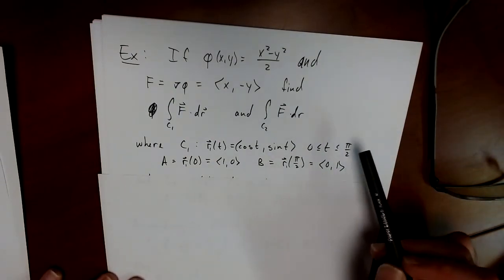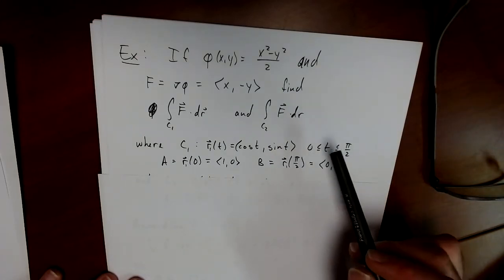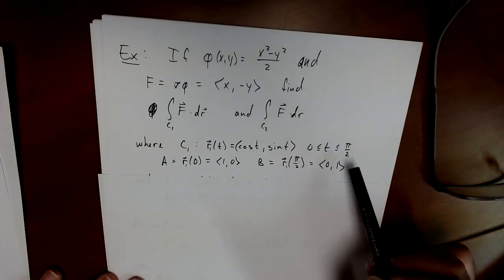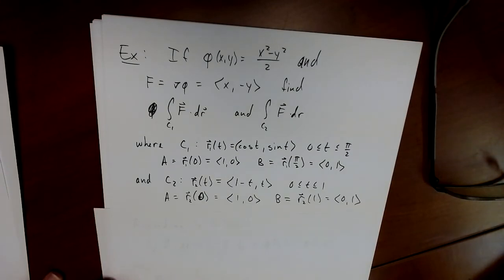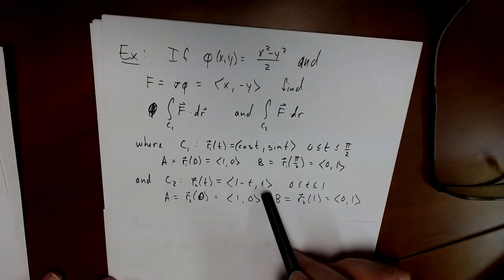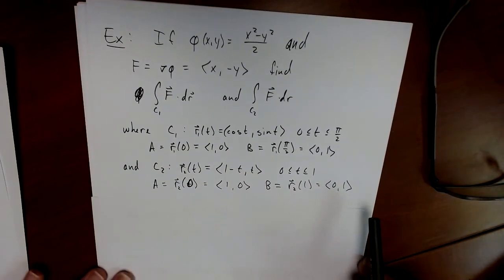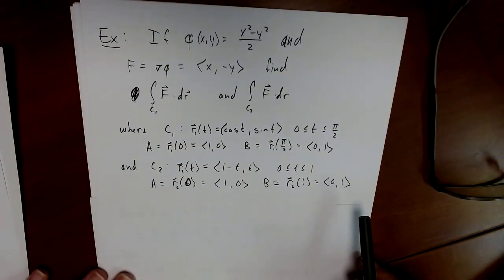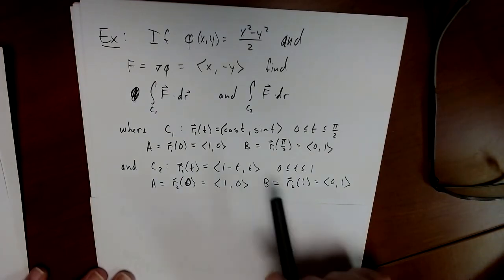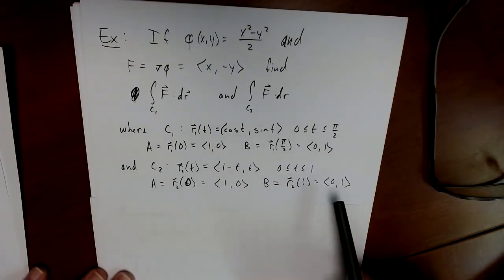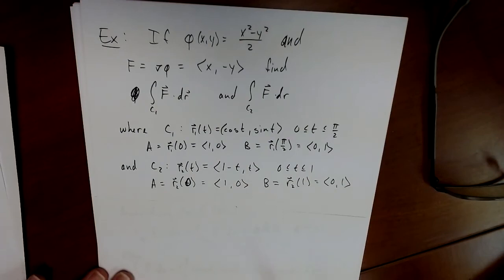So the first one, this is a quarter circle, right, that starts at (1, 0) and stops at (0, 1). And this parameterization, C2, is a line segment that starts at (1, 0) and stops at (0, 1). And here I've just verified that the start and stop points are the same for both of them.